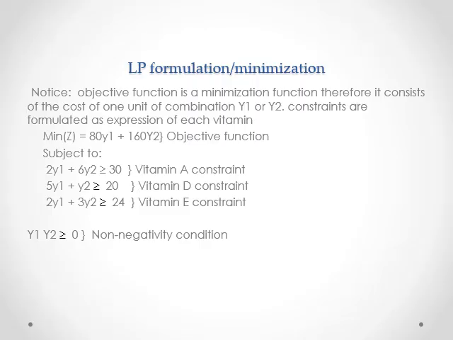The last constraint expresses vitamin E, where in this combination 1 unit of y1 equals 2 units and for y2 equals 3. The total available quantity of vitamin E for nutritionists is 24 units.